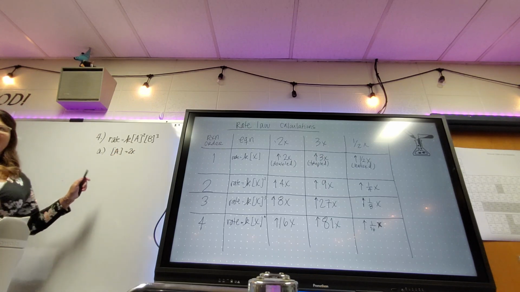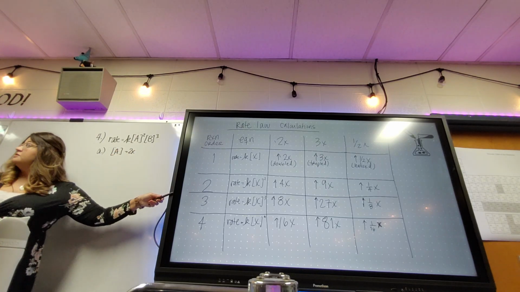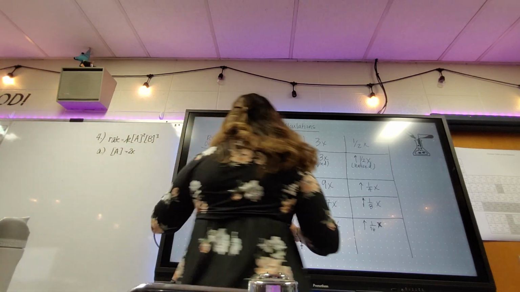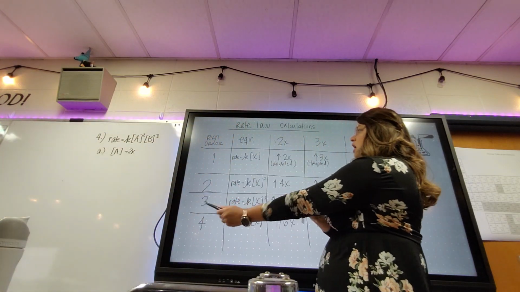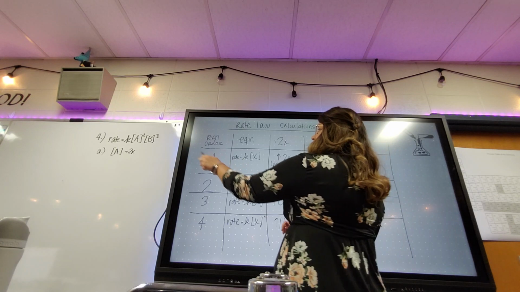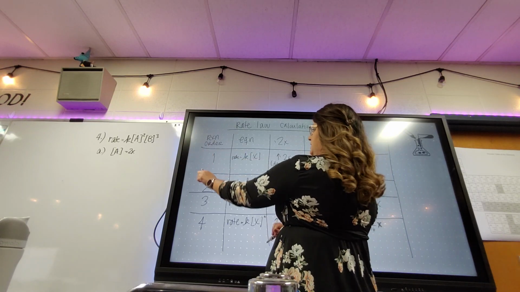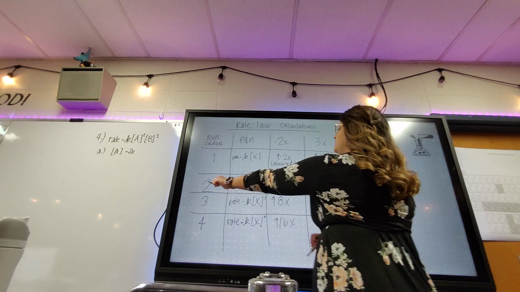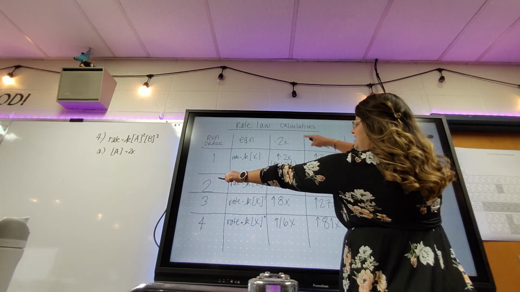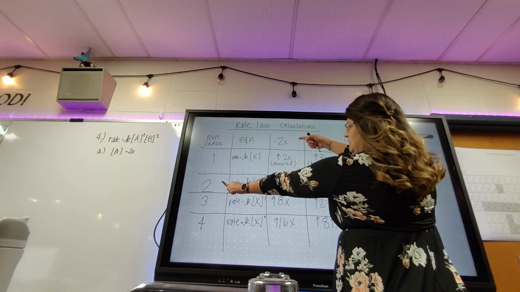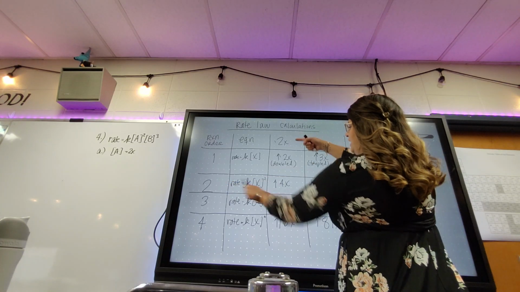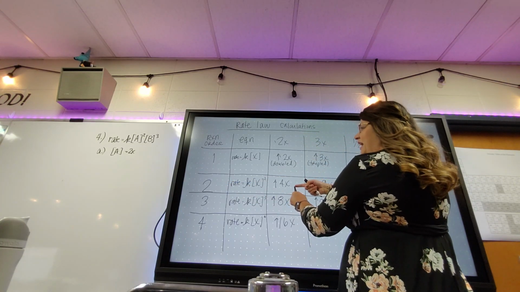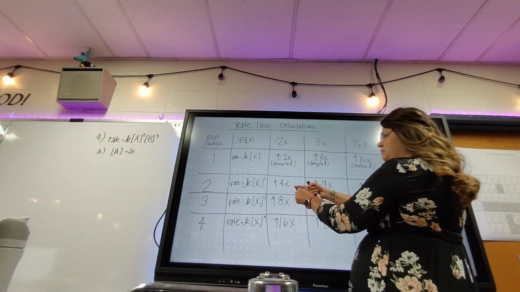Okay, so how do you use your note card? Pretty easily. What we're going to do is check out which reaction order it is. So it looks to me that A is a second order reactant. I'm going to go on my table and see where I am manipulating my starting amount. So if I'm starting with 2x, the rate will increase by 4x.